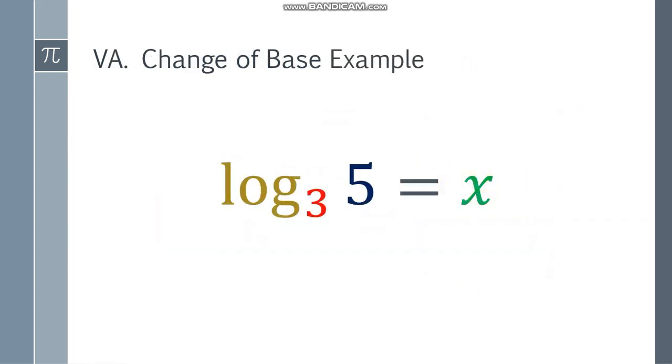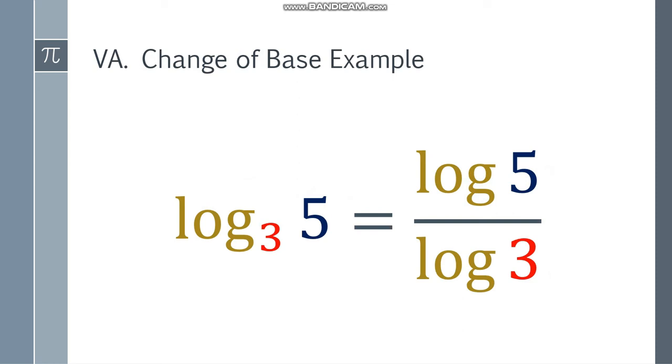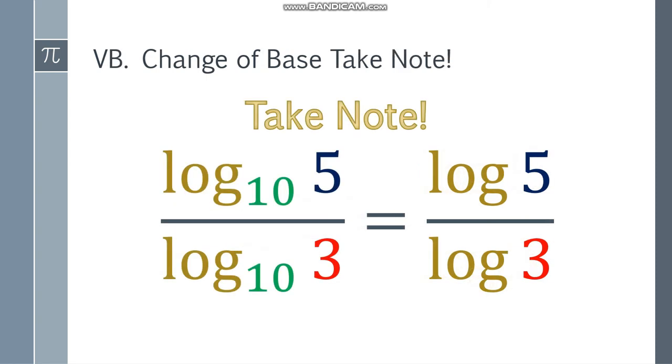Log base 3 of 5 is equal to x. So that will be log of 5 over log of 3. But take note, if there is no base here, automatically it is 10.